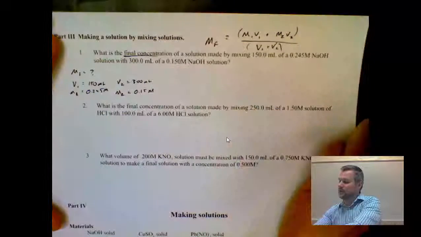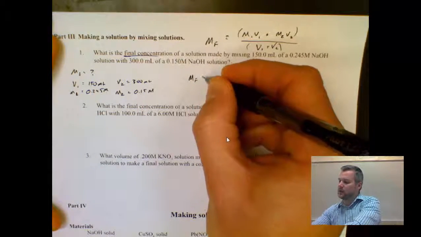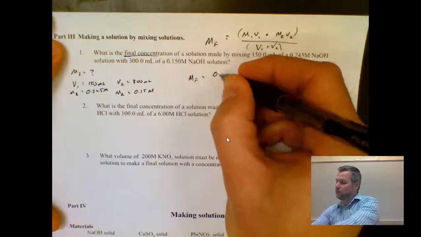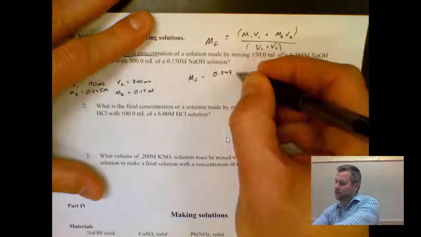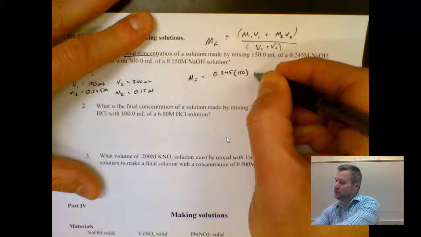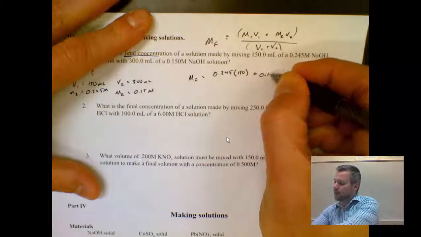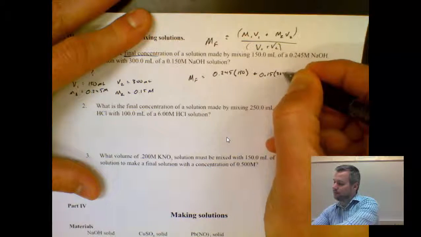Then you just plug these numbers in. This one doesn't say how do you make this, so you're just going to solve MF equals M1, 0.245 times 150. As long as you keep your volumes in the same unit, you're fine. Plus 0.15 times 300.